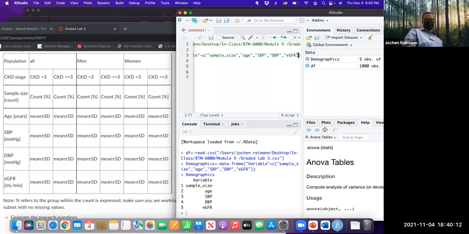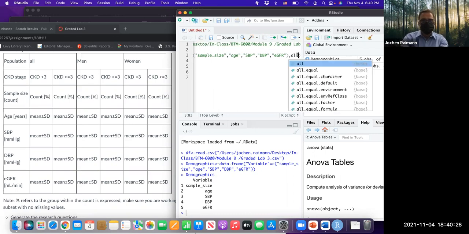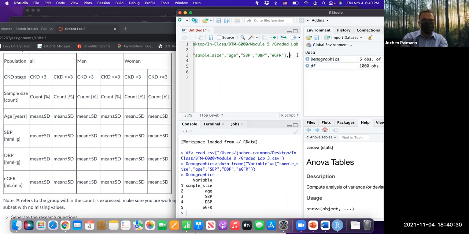And now, by going after this, you can extend this in terms of columns. You go further to the right by creating all. So this is males and females, or you can do a CKD.